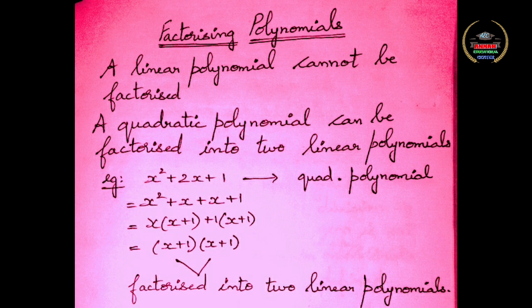For example, if you take the polynomial x squared plus 2x plus 1, you know how to factorize it by splitting the middle term. When you split the middle term and factorize it, you will get x squared plus 2x plus 1 to be x plus 1 into x plus 1. Now you can see that the quadratic polynomial is factorized into two linear polynomials.